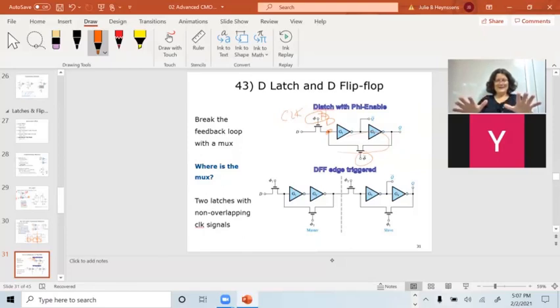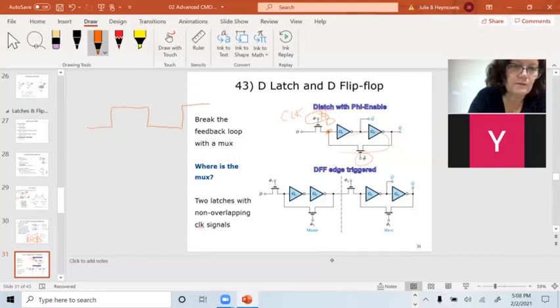Okay, not so bad. Now we get to the master-slave clock flip-flop. We've got two signals here, and they're two different clocks. And they have to look like this. So here is phi 1. And I may get this wrong.